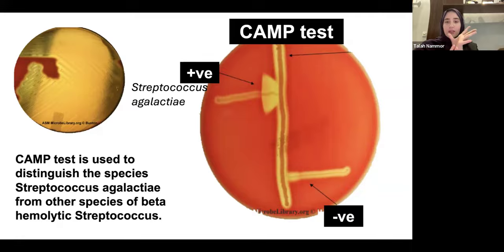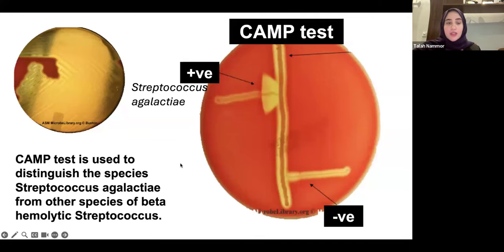If it sees it, this is just its way of welcoming it, which is the arrow. If this happens, then it's CAMP positive, and we know for a fact this is Streptococcus agalactiae. But if the triangle did not happen and it's just a normal line, there is no huge welcome, then it's probably any other kind, which probably is Streptococcus pyogenes.